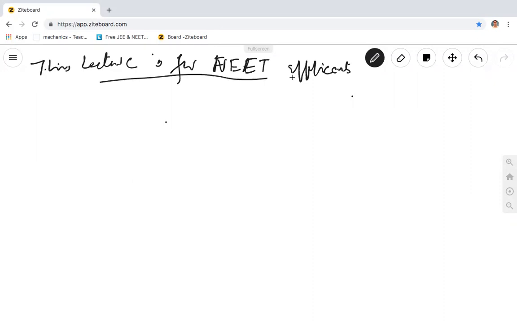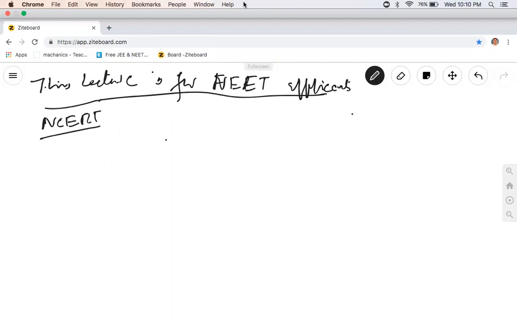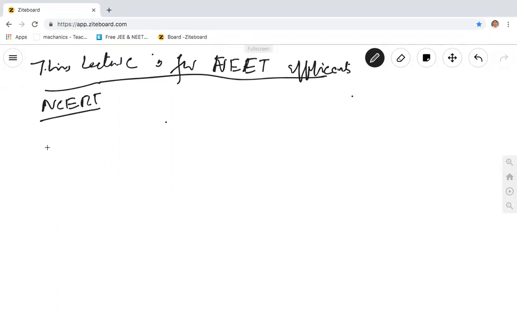I'm starting from the NCERT book. In the NCERT book that we have, example 4.10. You can refer to that. If you have the book, you can refer to this example.